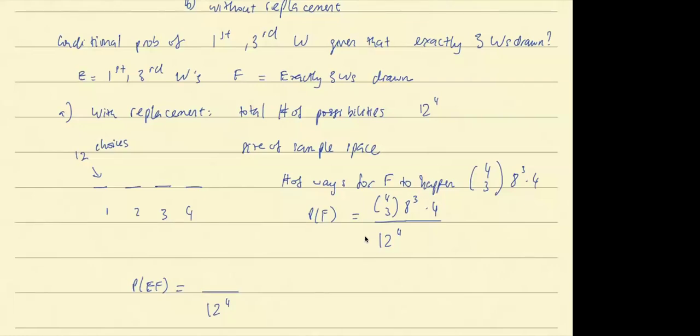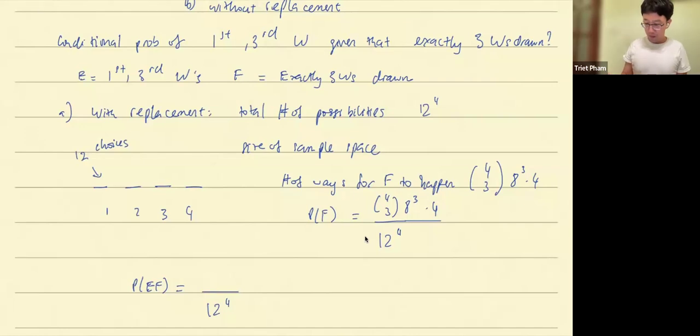Sorry, could you explain P of F again, real quick? Sure. So again, this is a denominator, that's clear. Now, P of F means we want 3 whites in these 4 positions. The first thing we should do is decide which 3 of these are white.